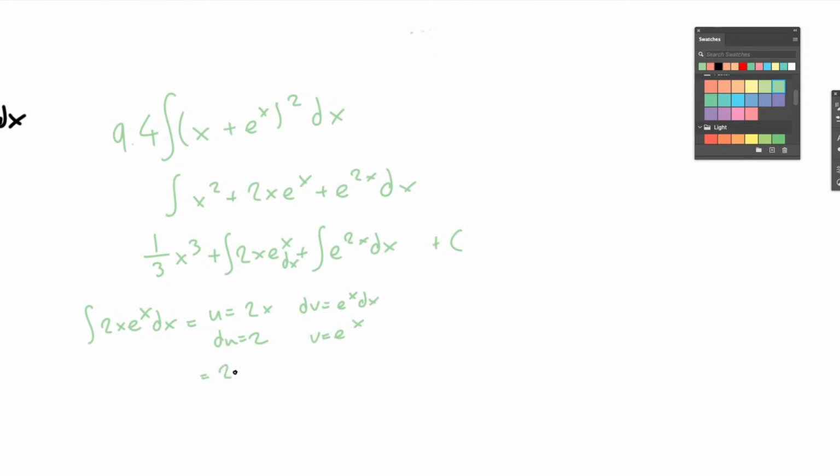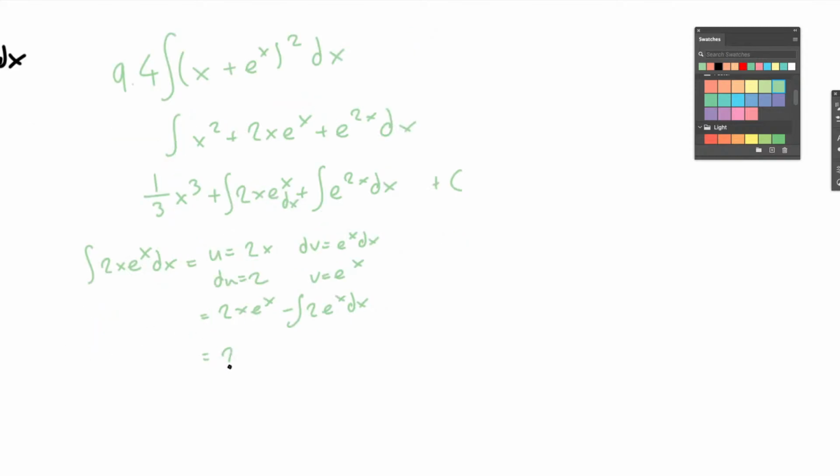So then you get, and then our final one, what is e to the 2x?